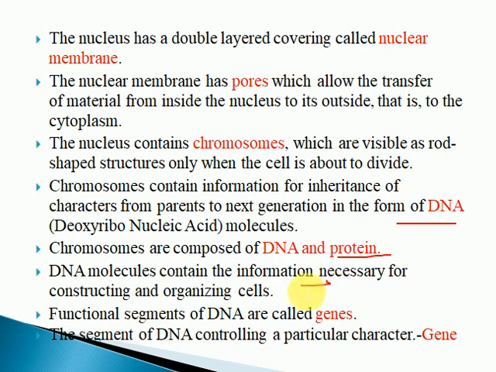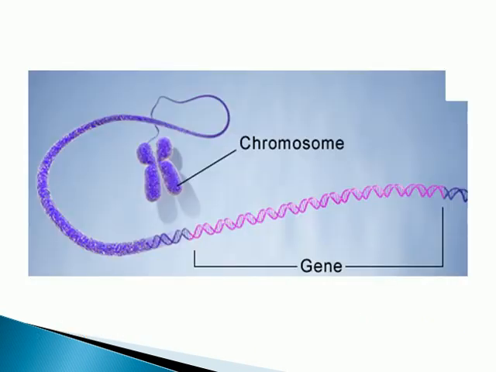The DNA molecule contains the information necessary for constructing and organizing the cell, and in addition the DNA has the information for controlling all the activities of the cell. Now there is one new term here, gene. What exactly is a gene? It is the functional segment of DNA. Try to understand this with the help of this diagram.